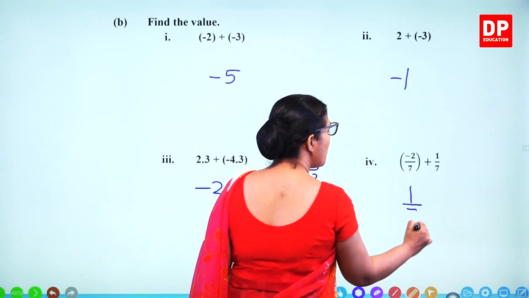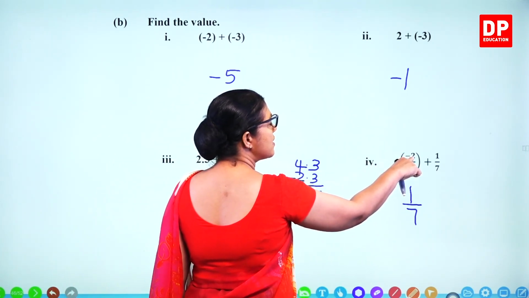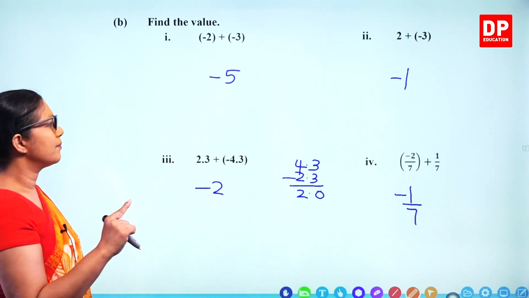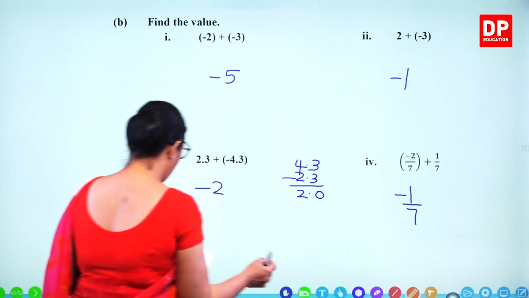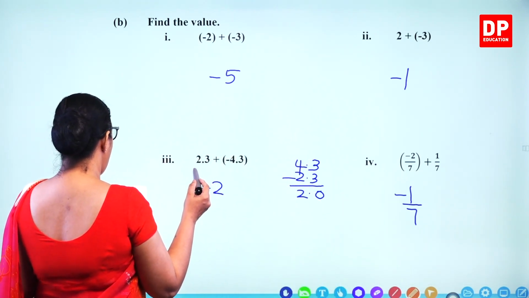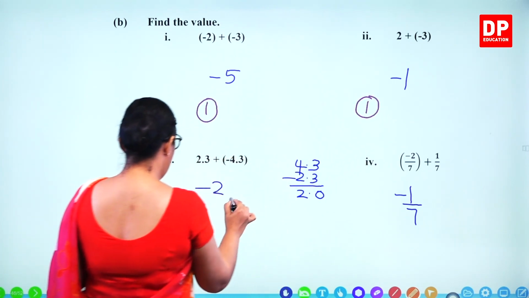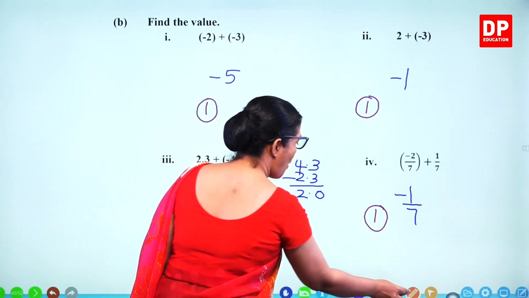But the same denominator, you get 7. Minus 2 is the bigger one, so the answer is negative 1. So how many marks? 1, 1, and here also 1 and 1. You get 4 marks.